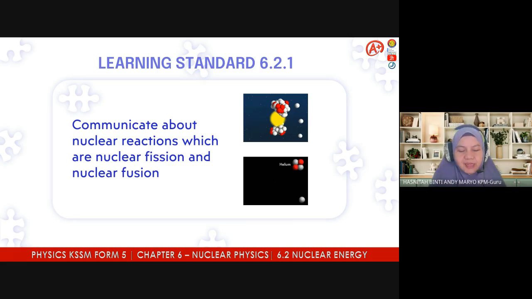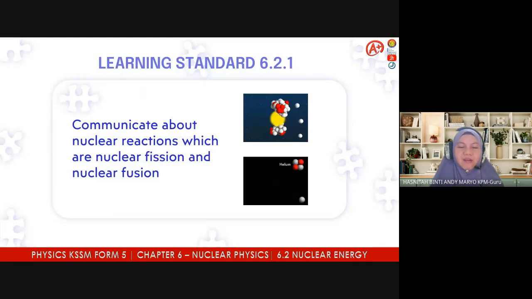Here it releases alpha. Then from thorium 234 to protactinium 234, no change in nucleon number, but the proton number increases by 1. So it releases beta there. Then from protactinium 234 to uranium 234, no change in nucleon number, but the proton number increases by 1. So 1 beta is released there.